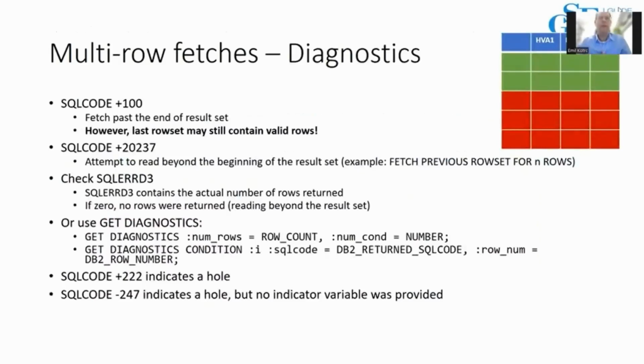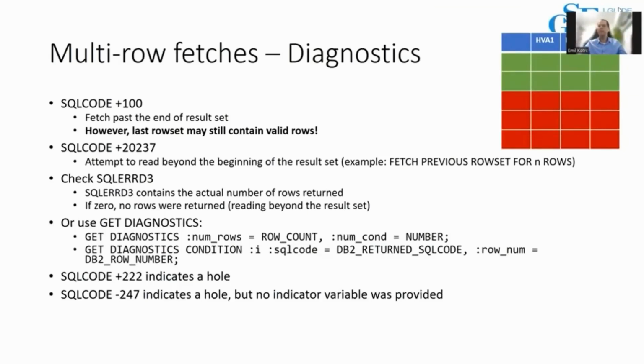So now back to multi-row fetches. Diagnostics again. Now you need to know what happened. SQL code 100 will be pretty common, because if you fetch past the end of the result set, this will happen. On the diagram, you see those 2 green rows and the rest is red, which means that the last fetch returned only 2 rows and the rest is garbage from the prior call, or data I didn't clear.